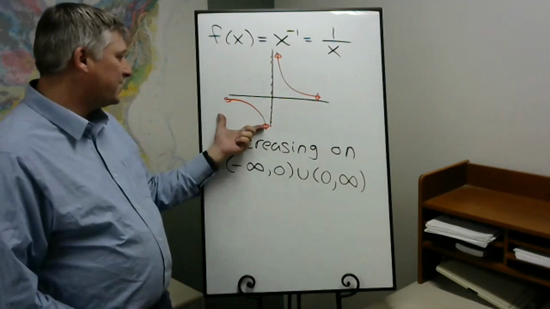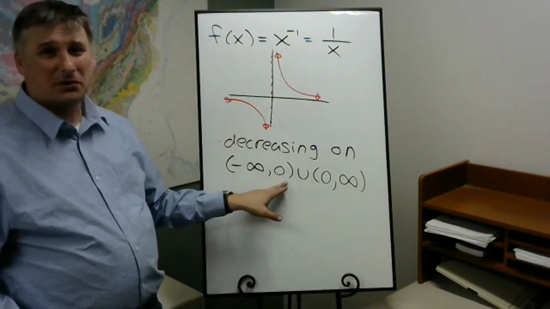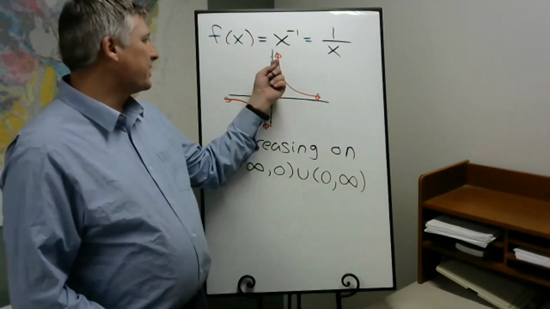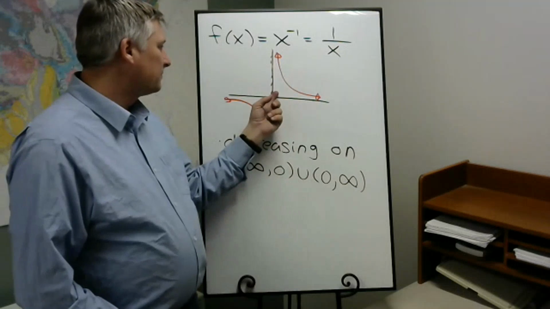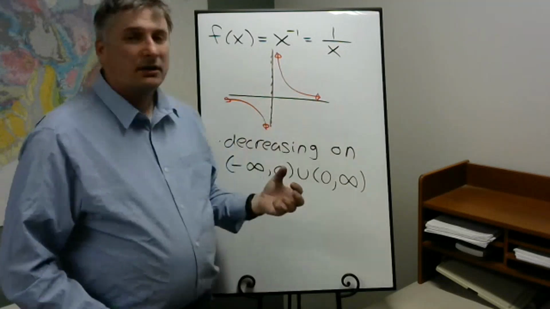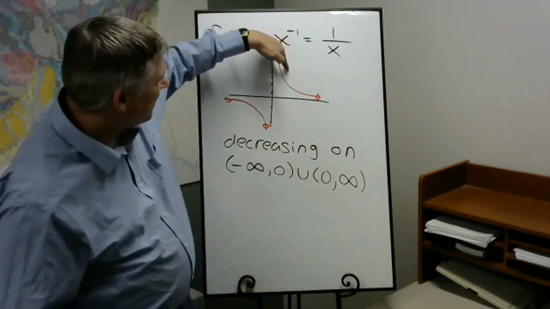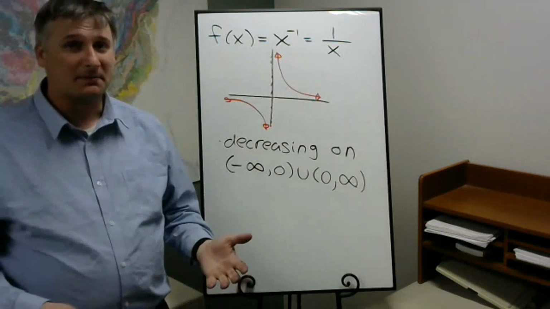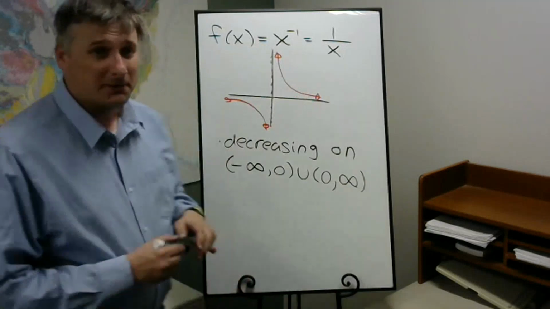Now, the domain here is negative infinity to just short of 0. And then if you're sitting on this branch, as you go from left to right, you're also always going to be sliding down the graph like that. Now, what about symmetry?